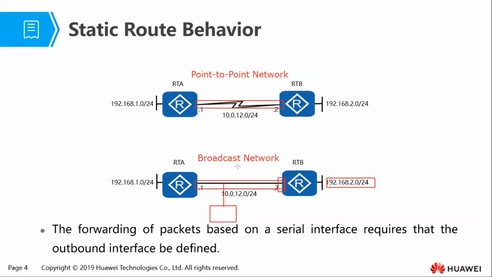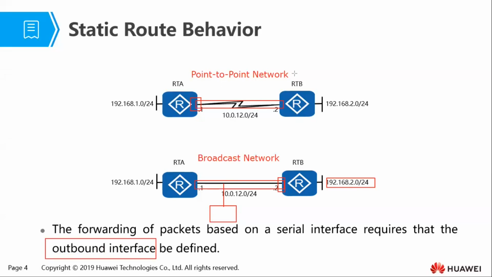So in a broadcast network, we must specify the next hop address. On the other hand, with a point-to-point network, we need to specify the outbound interface.